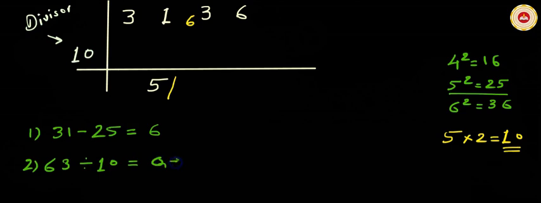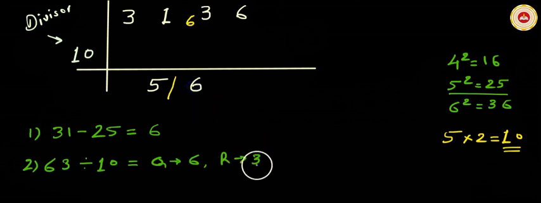Quotient is 6 and remainder is 3. 63 minus 60 is 3. So remainder 3 and quotient 6. Okay, so write quotient 6 exactly below 63.